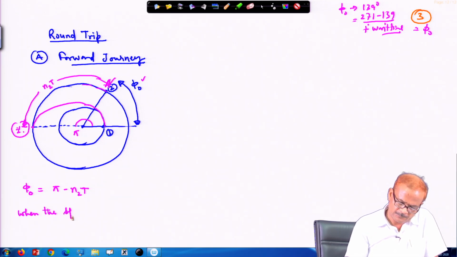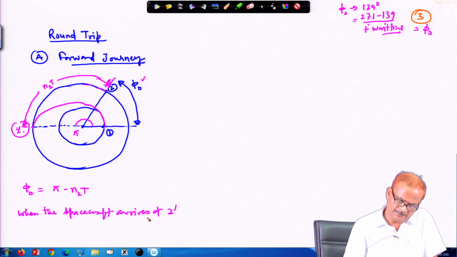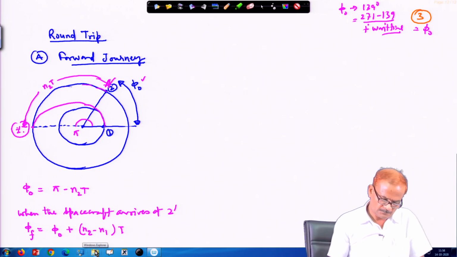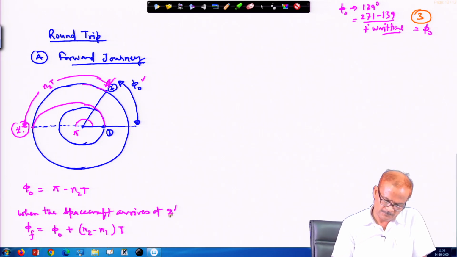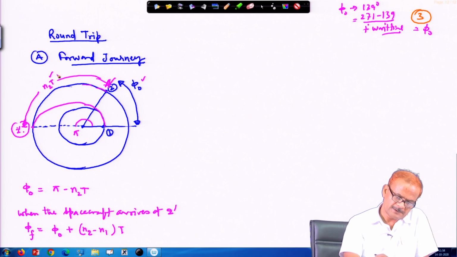When the spacecraft arrives at 2 prime, at that time phi f is the phase angle, and this quantity will be phi 0 plus n 2 minus n 1 times t. So, this is the time t, during which this whole flight is taking place.